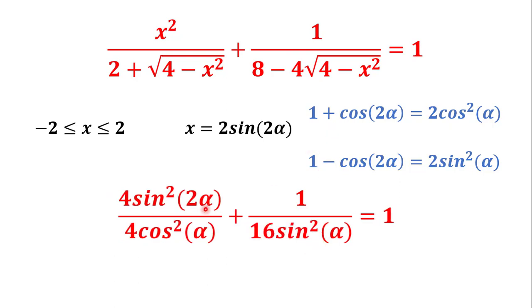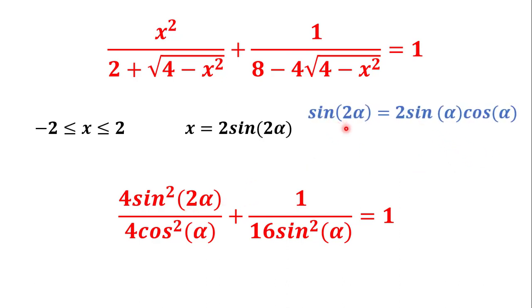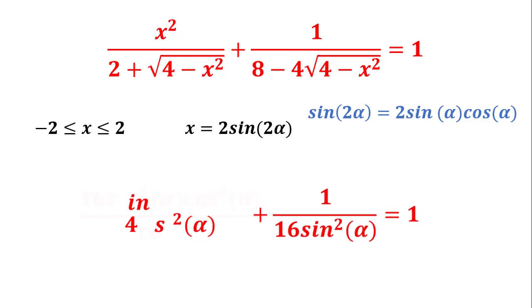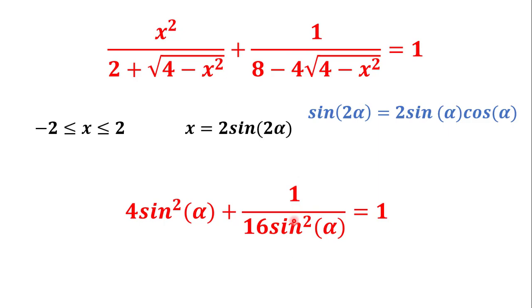In the next step, we can use the double angle formula for sine of 2 alpha. Sine of 2 alpha equals 2 times sine of alpha times cosine of alpha. And we can replace in here, so we're going to get 4 times 4 sine squared times cosine squared. 4 times cosine squared from the top and bottom of this fraction is going to cancel out, and we're going to get 4 sine squared plus 1 over 16 sine squared of alpha equals 1.